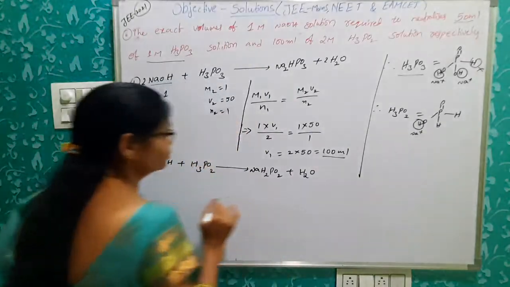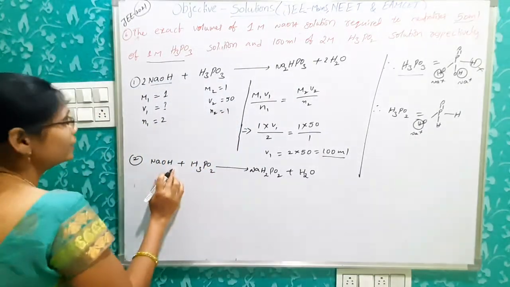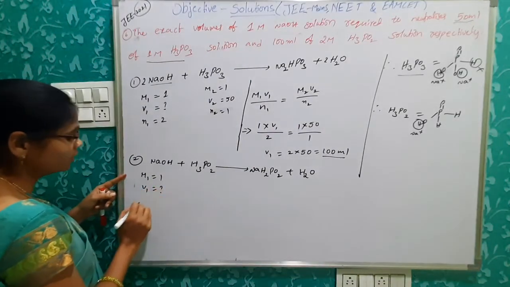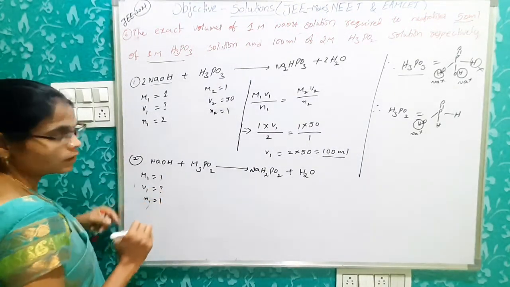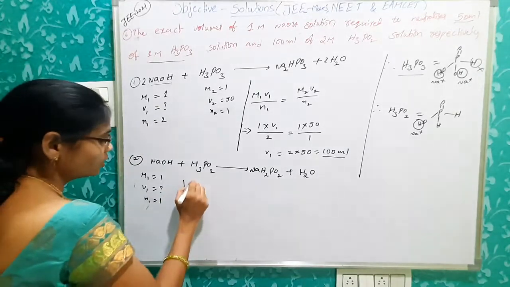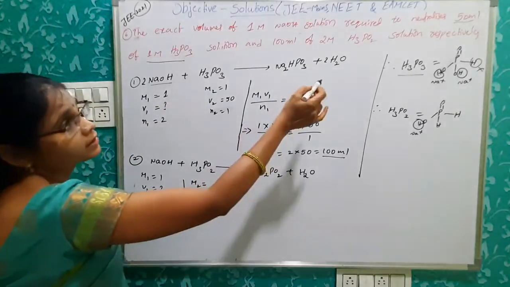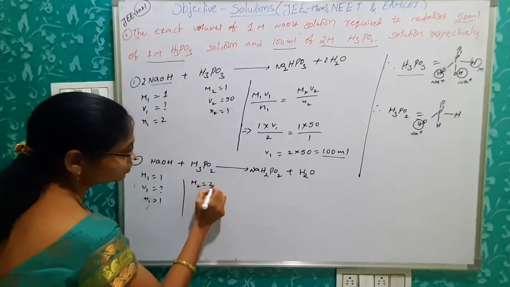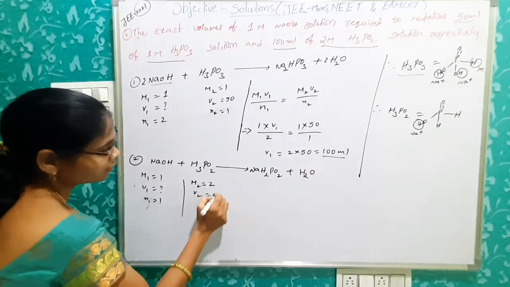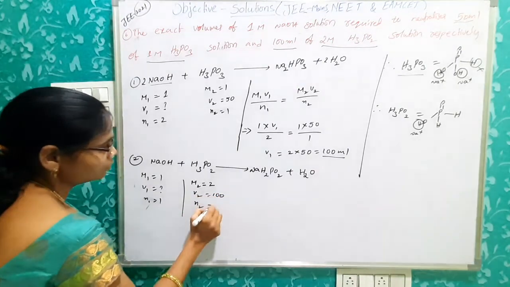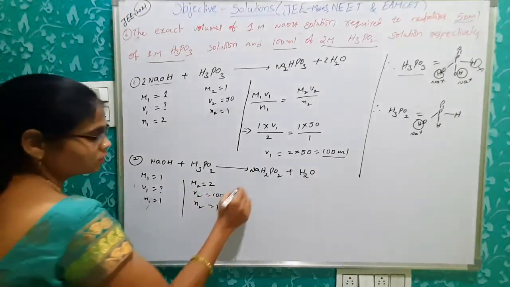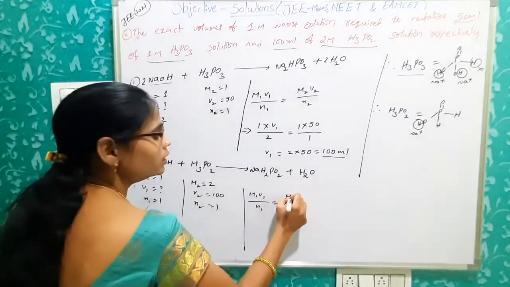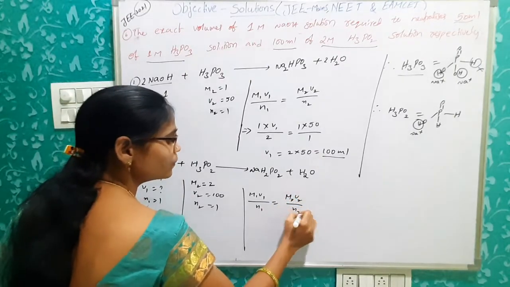Clear? So now for here write down again M1 1, V1 we have to calculate, N1 1 only. Now here M2 given as 100 ml of 2M. So 2, V2 100 ml, N2 1 only. So now calculate M1 V1 by N1 equals M2 V2 by N2.